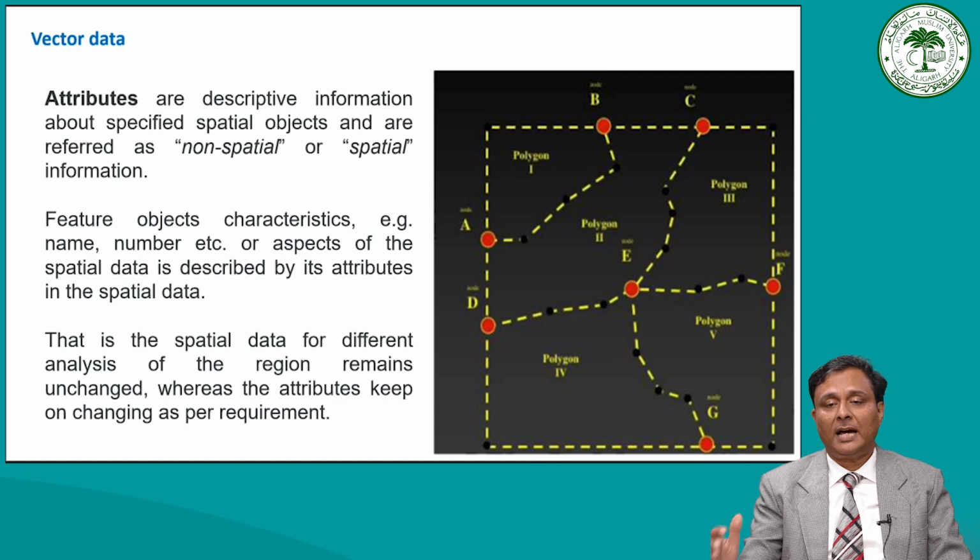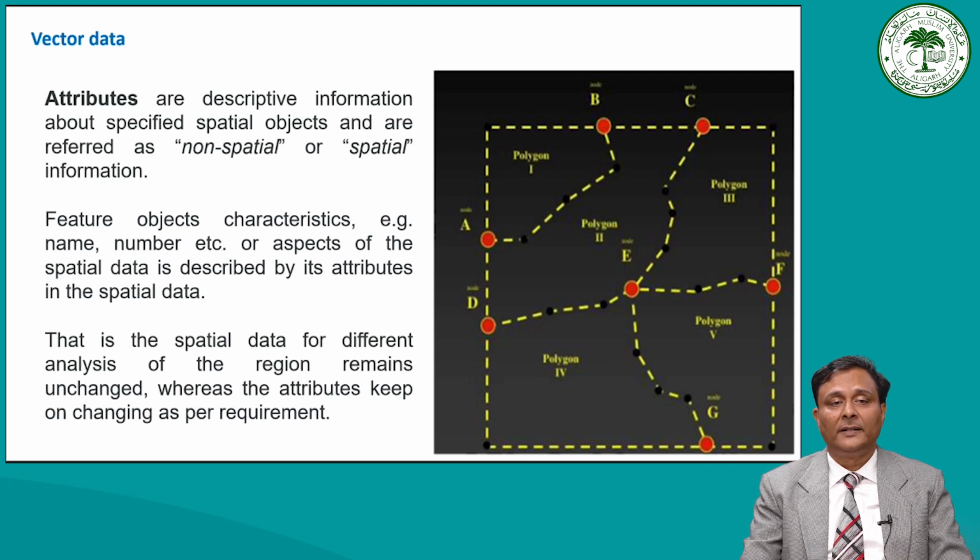Now, when we are linking the attribute table, we may be drawing the attribute information and incorporating it into our spatial information in vector format or raster format also. But here we are discussing the vector format. So every individual geographic feature corresponds to a record, if we are linking it with the table, a record in the row within the attribute table.